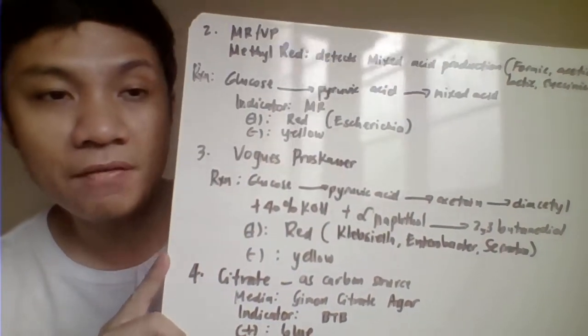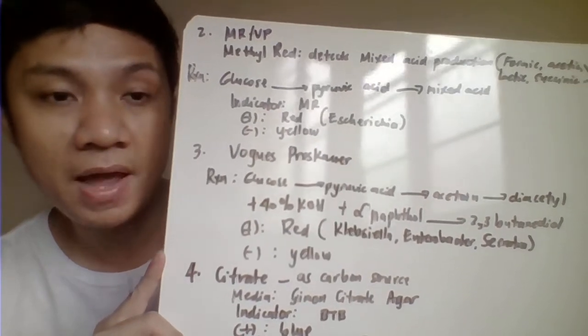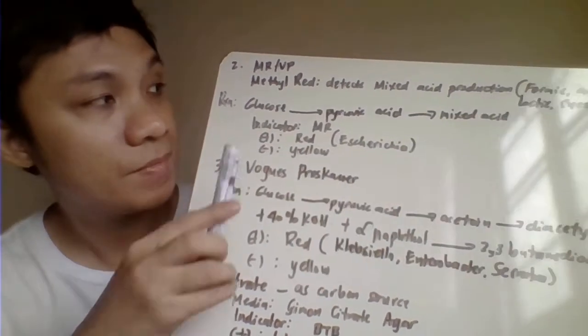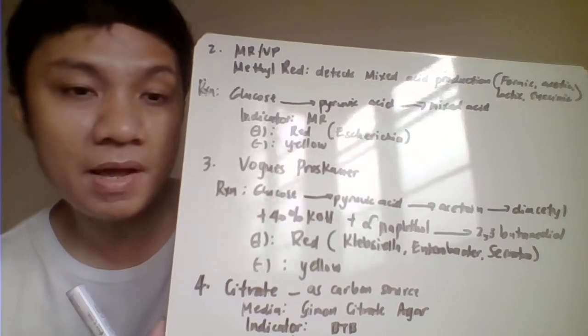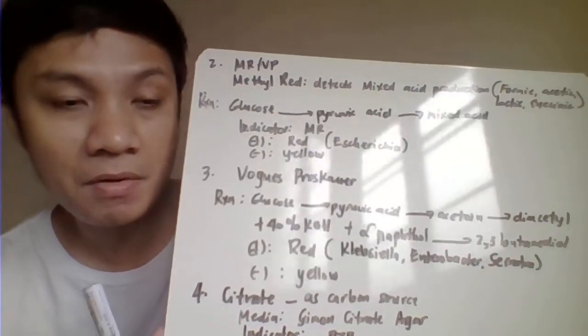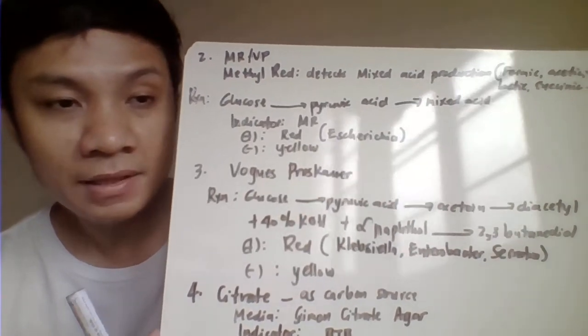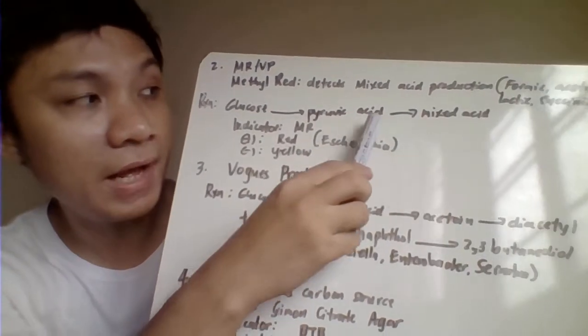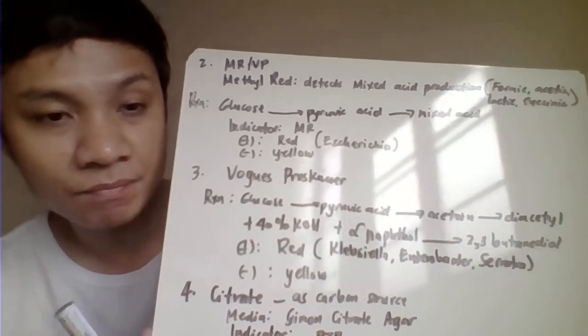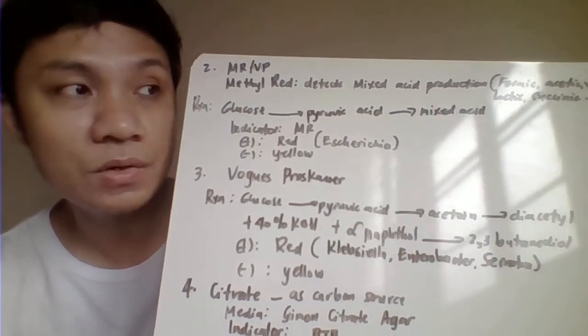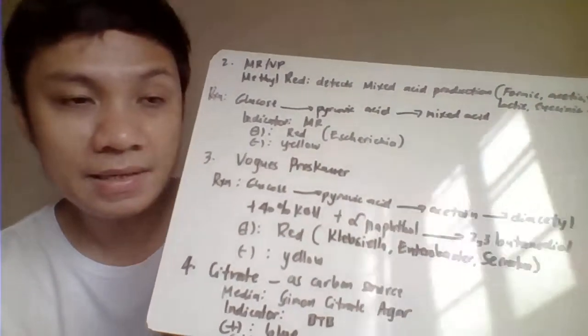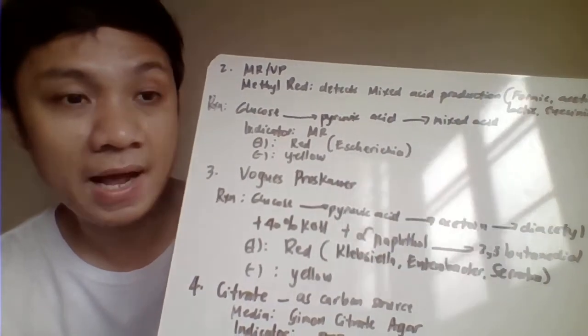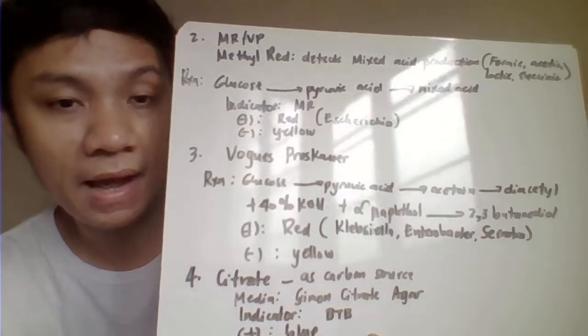Okay, the next one, we have MRVP, or the methyl red Voges-Proskauer. First we have the methyl red. Methyl red is a biochemical reaction that detects the products of bacteria which convert pyruvic acid to mixed acid. The mixed acid includes formic acid, acetic acid, succinic acid, and lactic acid.